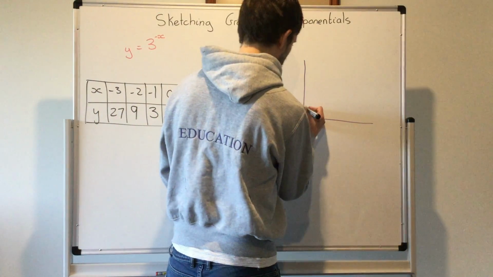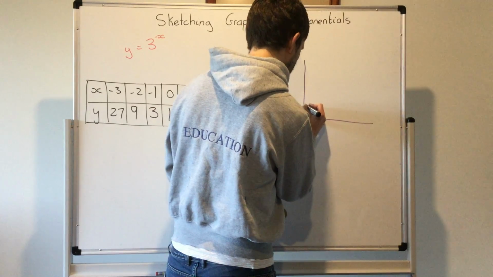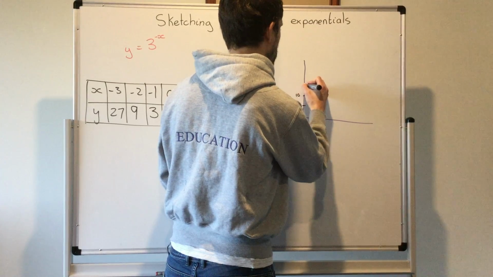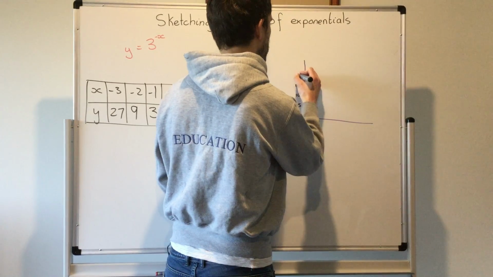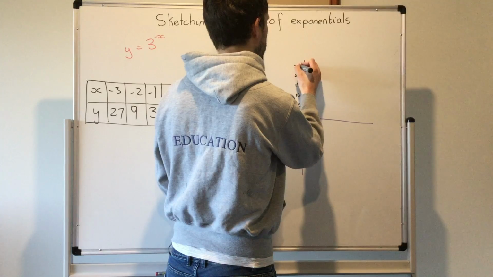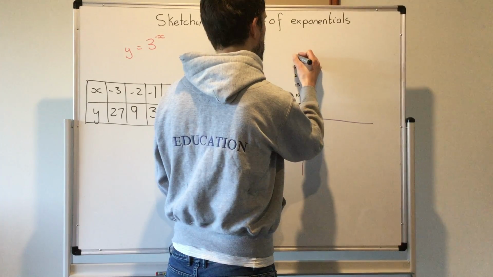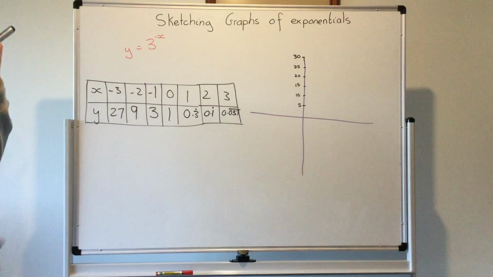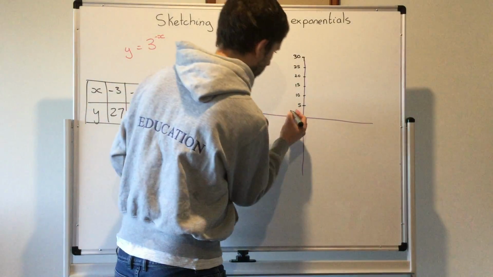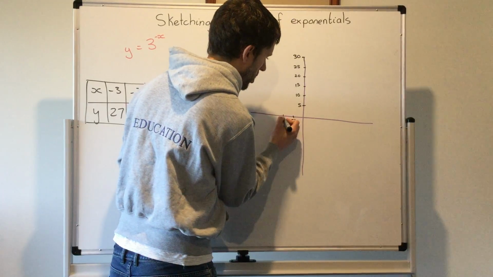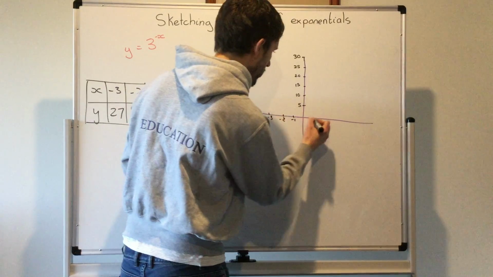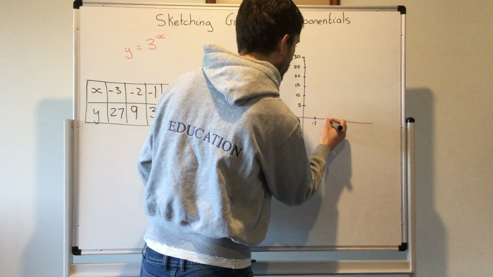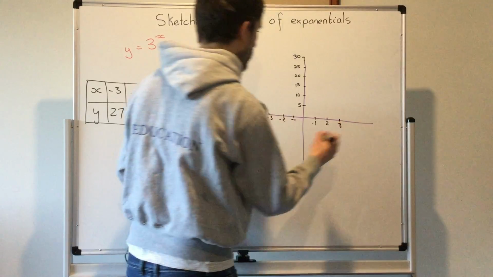So I'm just going to go up by 5s: 5, 10, 15, 20, 25, and 30, done. Now with my x values, I'm just going to go -1, -2, -3, 1, 2, and 3. So I've got all my axes.